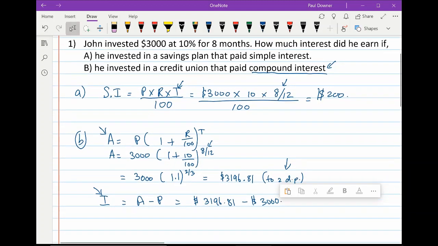And that is going to give us the compound interest that we were interested in, which is going to work out to be, let's erase this, 196.81. So $196.81 would be the answer for this one. Alright, so we have our two answers for number 1, and we will move on to number 2 next.